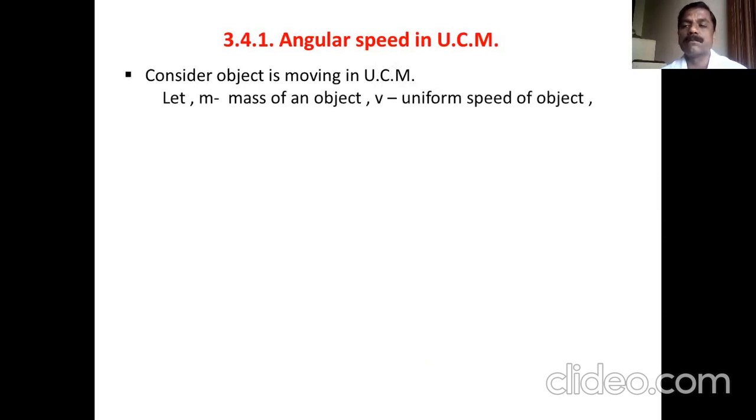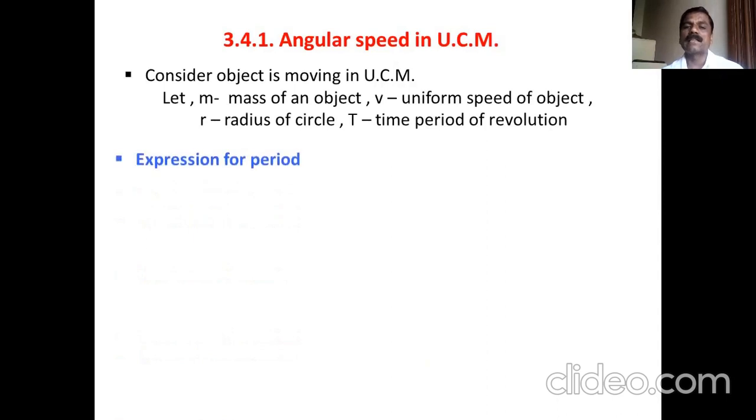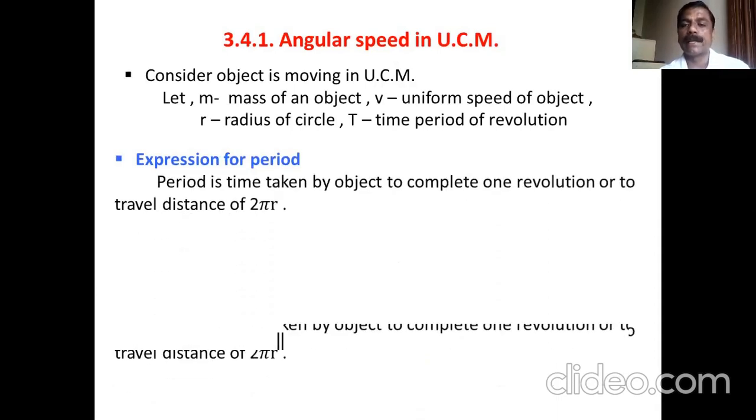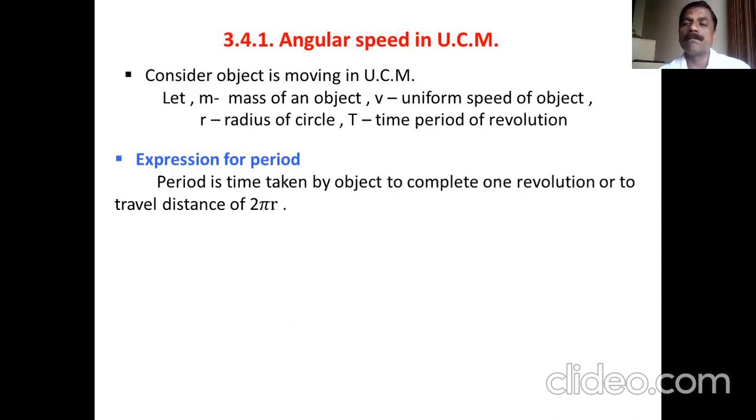Let us consider a few symbols: small m, the mass of the object; v, the uniform speed of the object; small r, the radius of the circle; and capital T, the period of revolution. We have already found the expression for the period, the time required to complete one revolution or to travel a distance equal to the circumference of the circle: capital T is equal to 2 pi r divided by v.